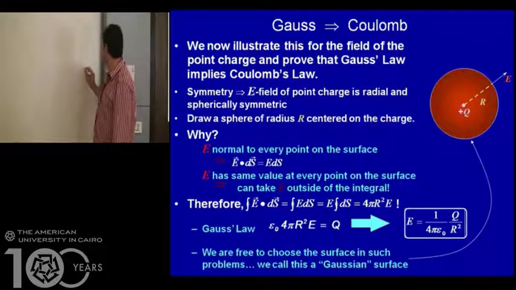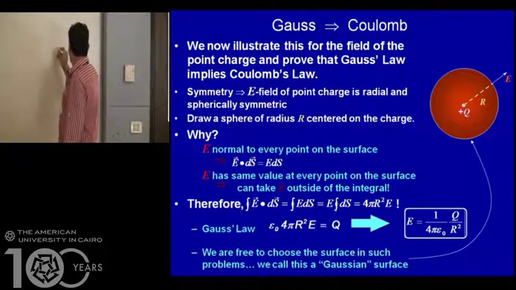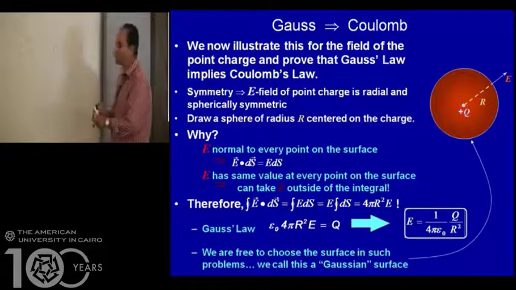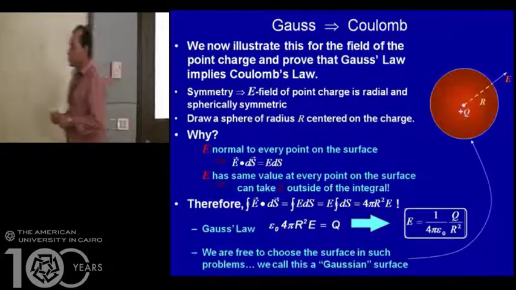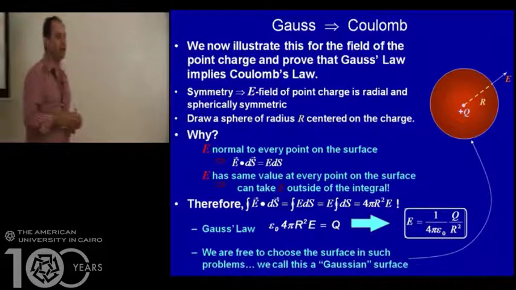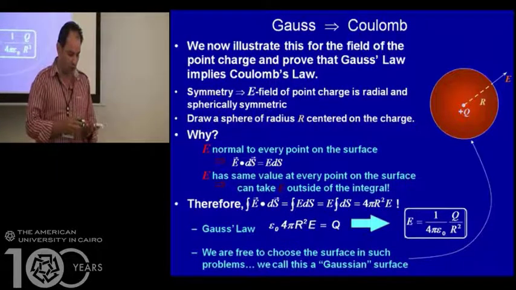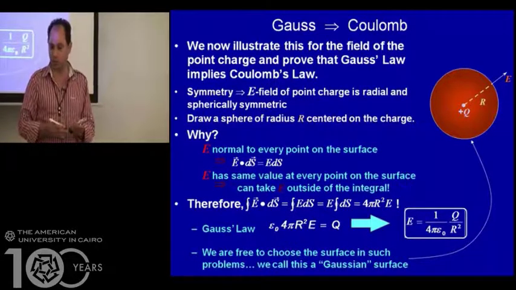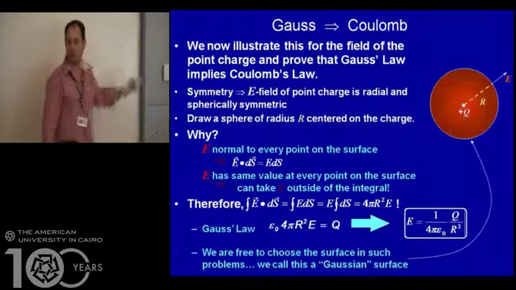So at that point, which is at a distance r from the center of the sphere, we need to find the electric field. To do this, we're going to apply Gauss's law. But before we apply Gauss's law, we draw what we call the Gauss's surface, and that point has to be on the Gauss's surface.